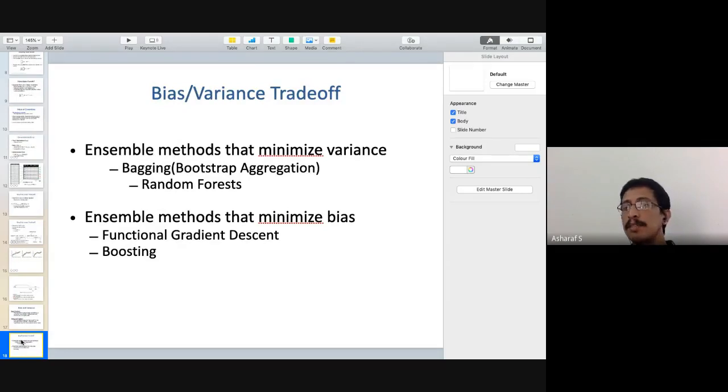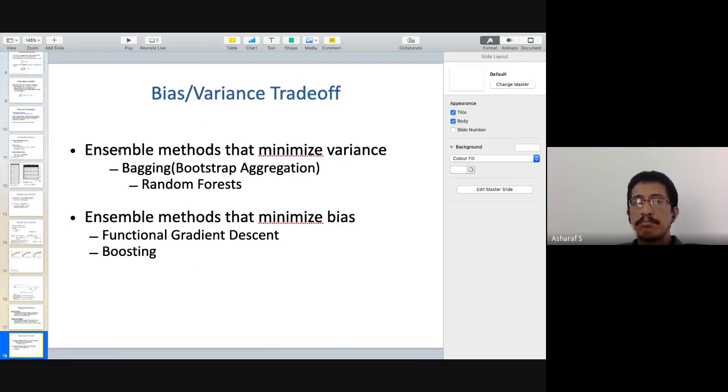So ensemble methods minimize variance. I've told you that ensembles can bring the error down. I've told you that if you combine 25 classifiers with an error rate of 0.35, you have seen the error rate drastically coming down in an earlier example.